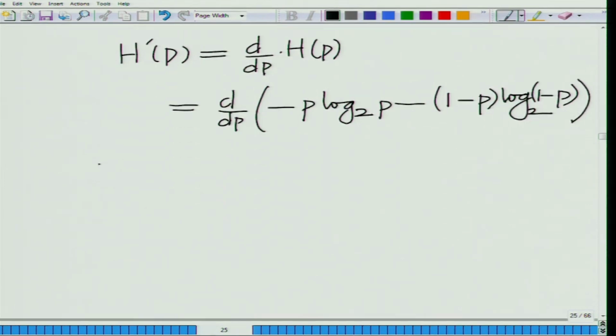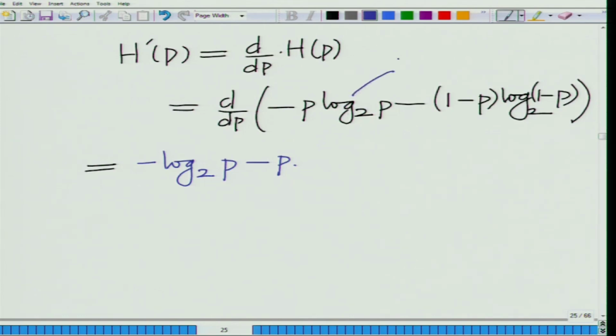When you differentiate it, of course the derivative of p with respect to p is 1, so this is minus log to the base 2 p, plus, when you differentiate the log, I'm using the chain rule, minus p log to the base 2 of p, that can be written as well.